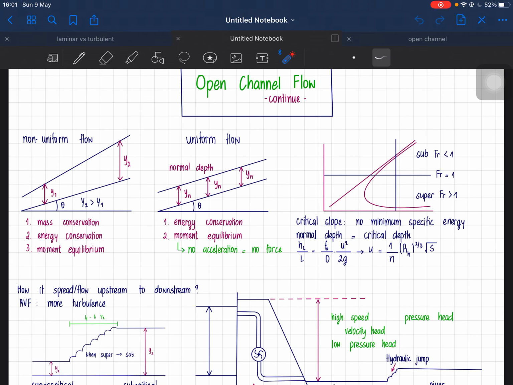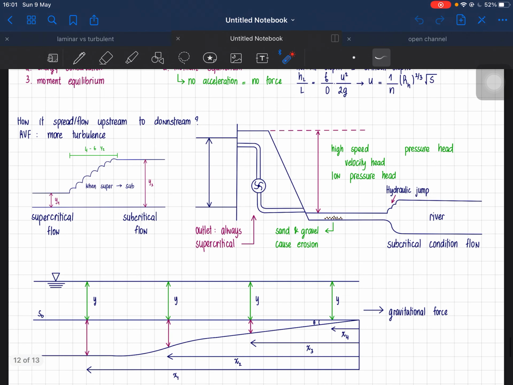So then we have this one, which is like a dam, and the flow is like this. Of course in a dam there's sand and gravel that cause erosion, and it flows like this to the river, right? So when there's the river, it creates a condition that allows subcritical flow, and there would be another hydraulic jump over here.